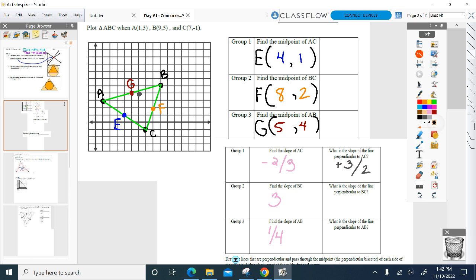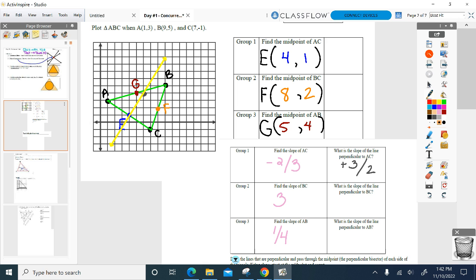Please do not move on, because I want to talk about that line you just graphed. What do you know about this line? What did we just figure out about this line?